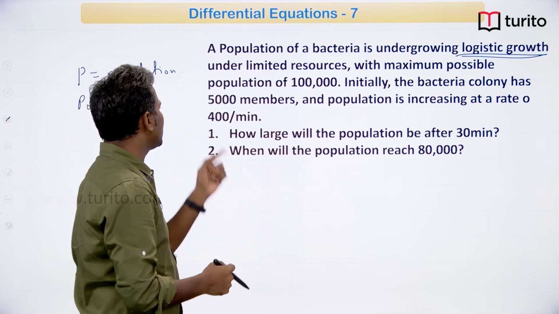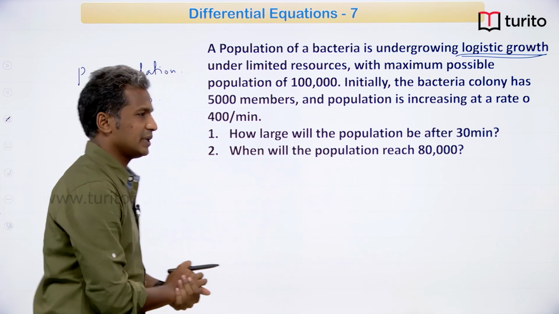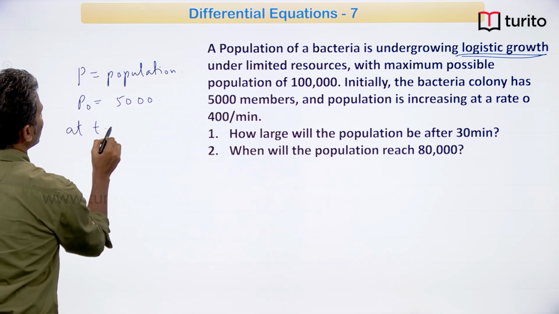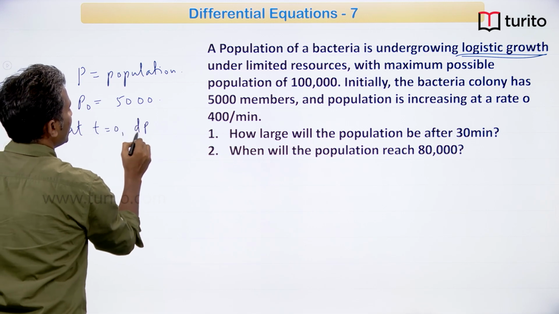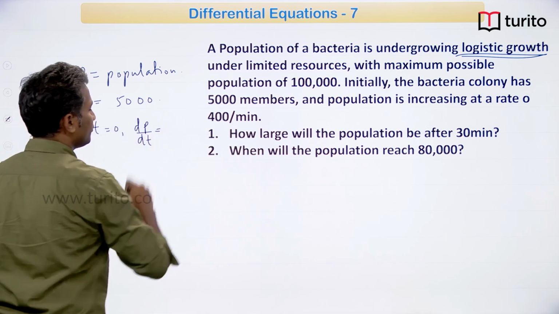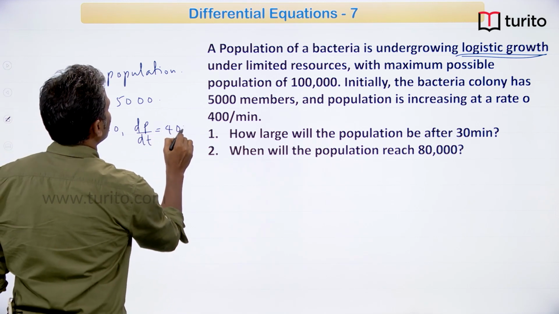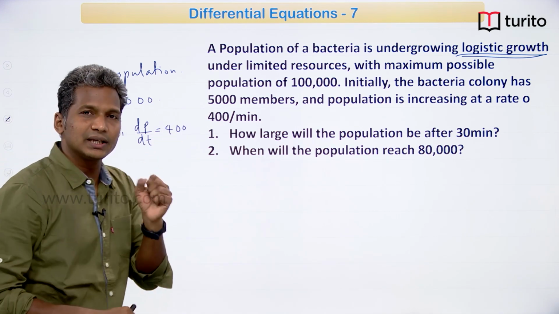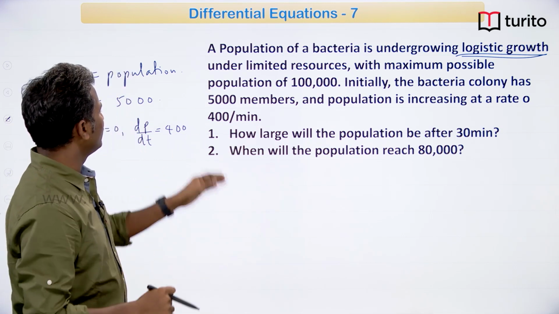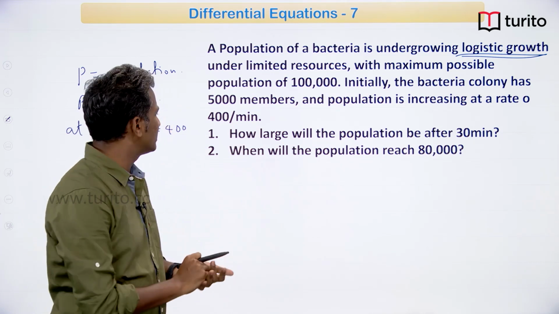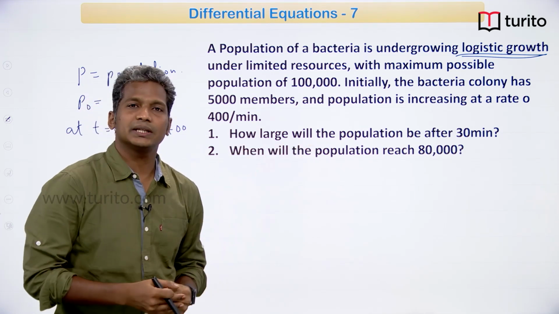Population is increasing at a rate of 400 per minute. That means at t equal to 0, dP by dt, the rate of change of population, is 400 per minute. This is the initial value. And then we have to calculate how large the population will be after 30 minutes. When will the population reach 80,000?